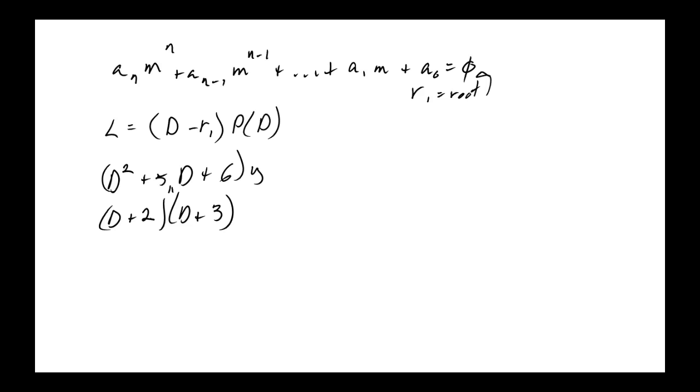That could be a 0, it could be a characteristic, it could be whatever it is. Well, then that's the same as D plus 2 times D plus 3 times y. What does that mean? That means (y prime plus 2y) prime plus 3 times (y prime plus 2y).